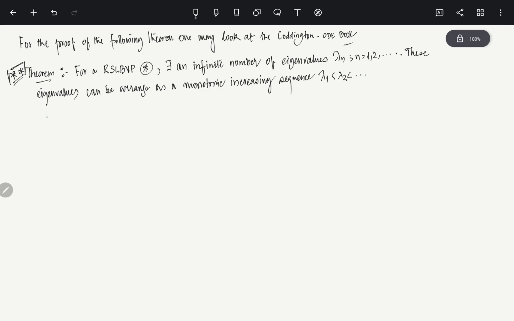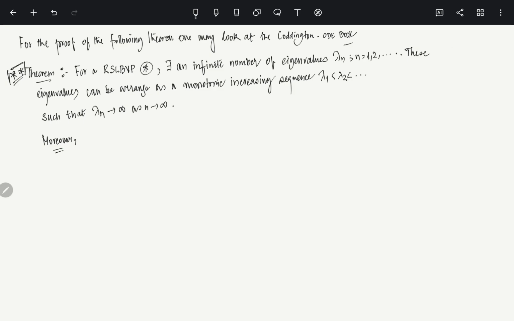Where is it going? It does not converge; it tends to infinity. And now, moreover, a very important part.